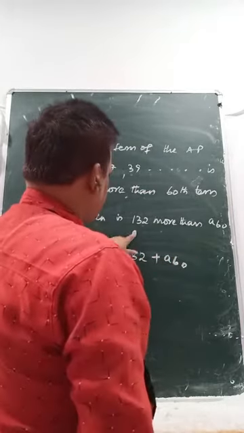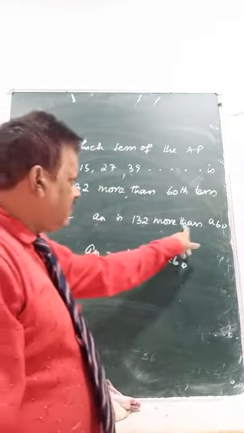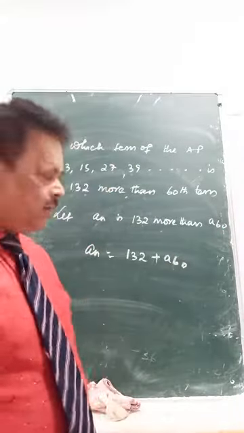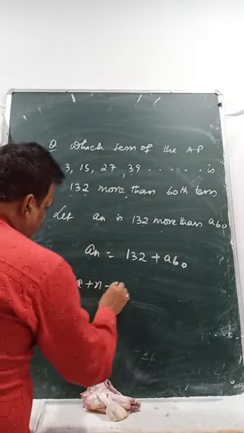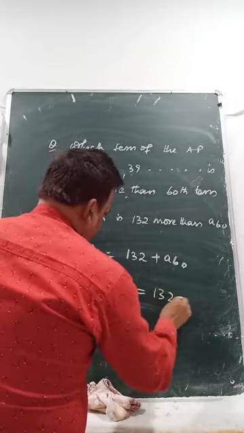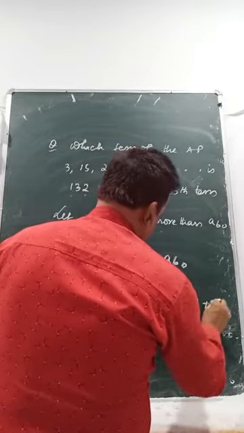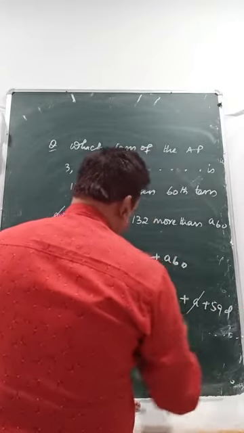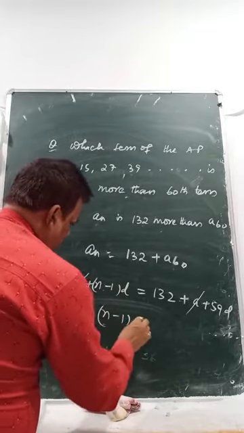Because this is more, means the other one is smaller. So to make it equal, you add it to the smaller one. Okay, what is its formula? A plus n minus 1 into D equals 132 plus A plus 67D. First the A you can cancel. So n minus 1 into D equals 132 plus 67D.